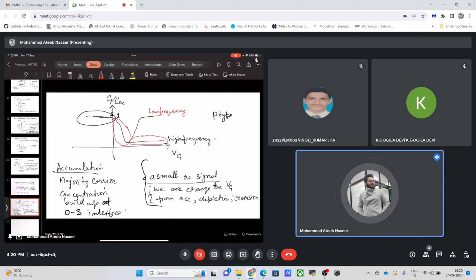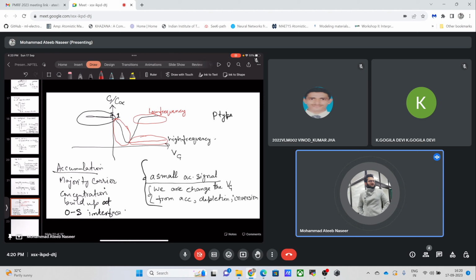So this results in characteristics looking like this, because the capacitance will now tend towards the oxide capacitance again.